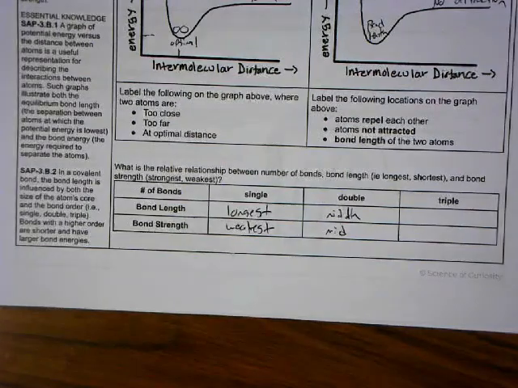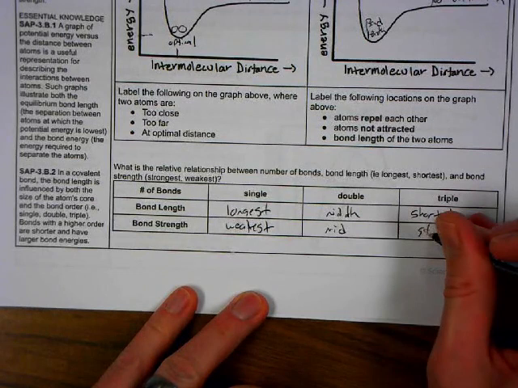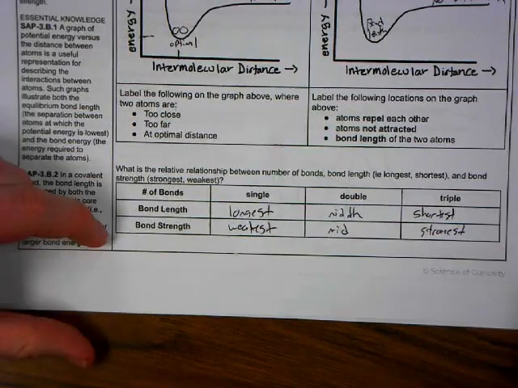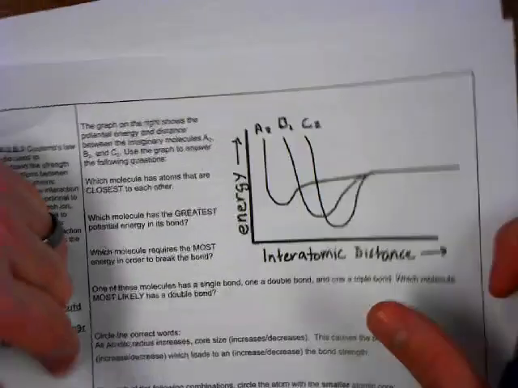Middle. Shortest, strongest. The shorter the length, the stronger the strength. I like that. That should go on a shirt.